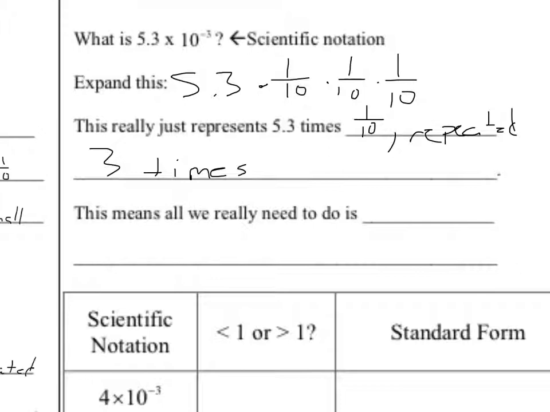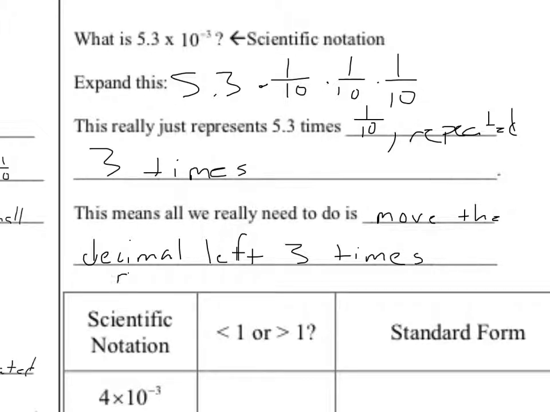So that means that if we're multiplying by 1/10 3 times, then we should be doing what? Moving the decimal to the left 3 times. Good. All we need to do is move the decimal left 3 times, 1 for each multiplication of 1/10.